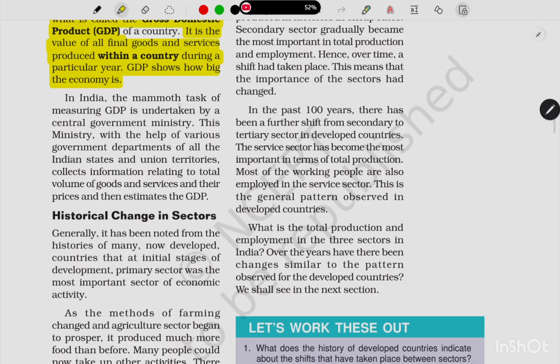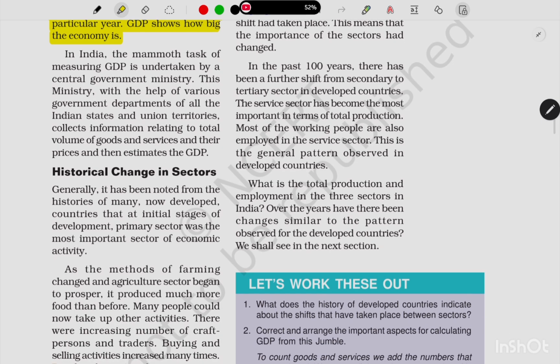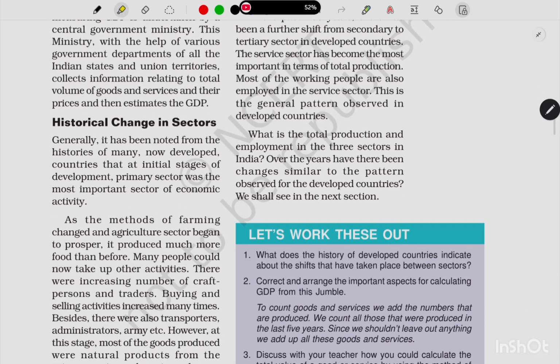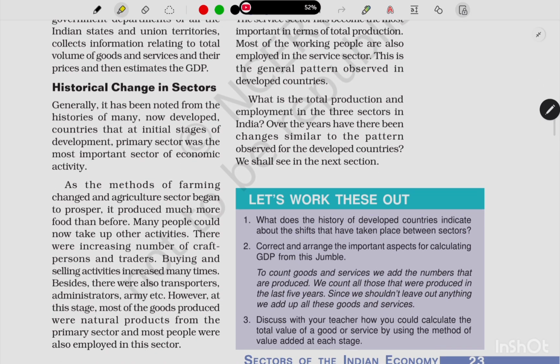In India, the mammoth task of measuring GDP is undertaken by a central government ministry. This ministry, with the help of various government departments of all Indian states and union territories, collects information relating to total volume of goods and services and their prices, and then estimates the GDP.